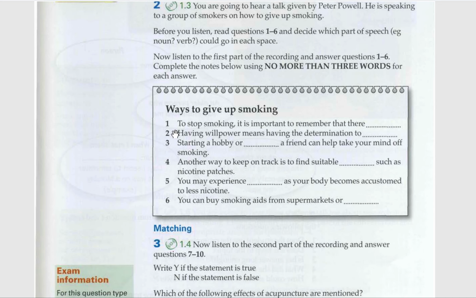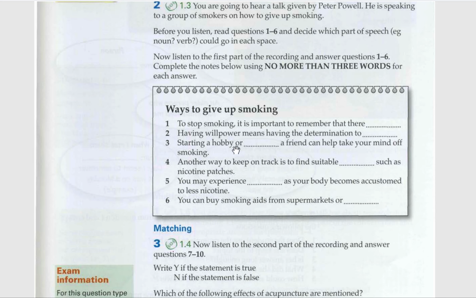Let's look at number 1. To stop smoking, it is important to remember that there what? Look at the context there. What should come after there? There is, there, a verb or something. Number 2, having willpower means having the determination to what?